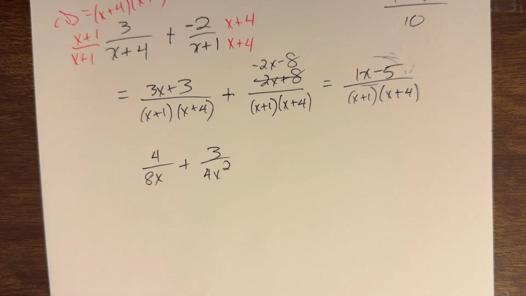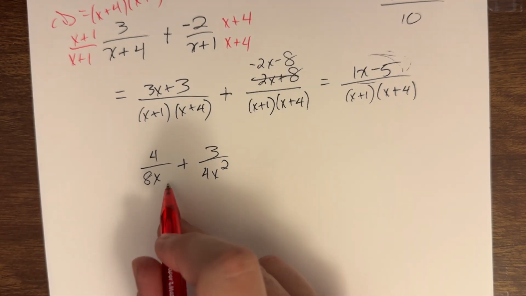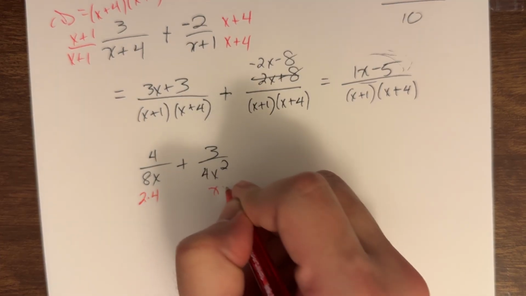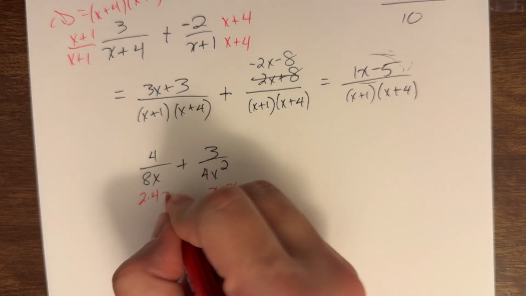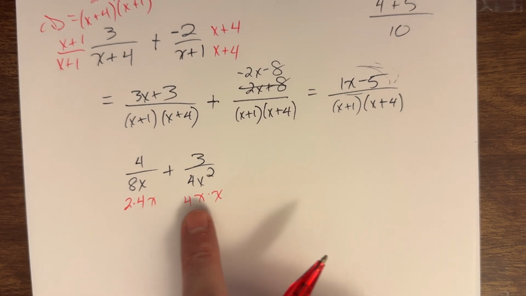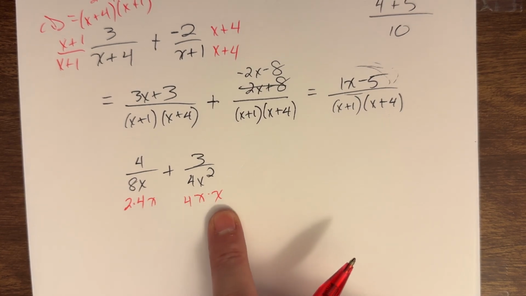So once again, let's be strategic. Let's realize that 8 is really 2 times 4, and x squared is really x times x. So I've really got a 2 times 4x here, and I've got a 4 times xx here.